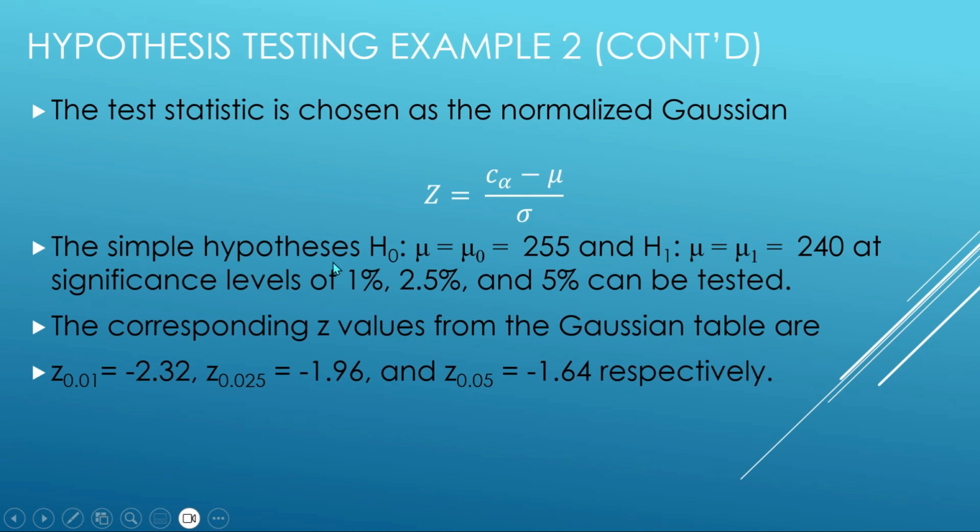The simple hypotheses are H0 is 255 and H1 is 240 at significance levels of 1%, 2.5% and 5%. The corresponding Z values from the Gaussian table are Z 0.01 is minus 2.32, Z 0.025 is minus 1.96 and Z 0.05 is minus 1.64.